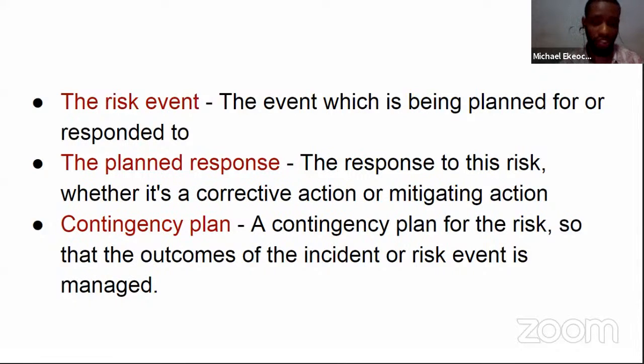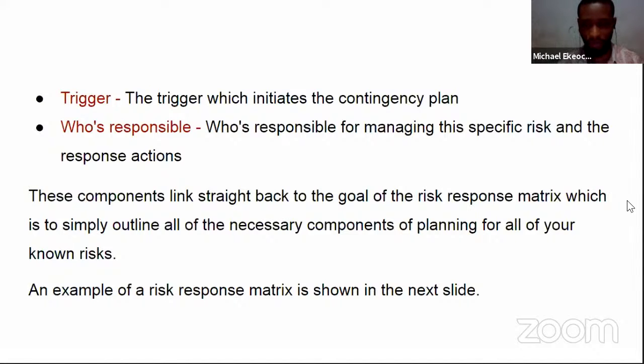Then you have a contingency plan so that the outcomes of the risk event are managed. You have the trigger, something that initiates that contingency plan. And then you have the risk owner, who is responsible for managing this specific risk and the risk response actions.